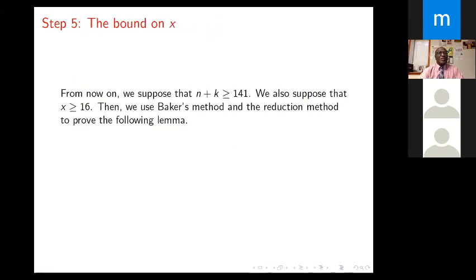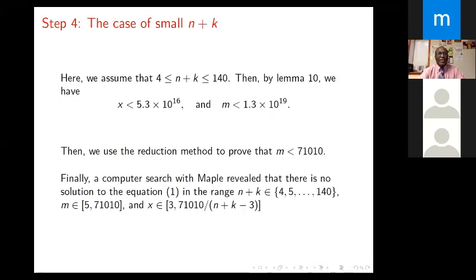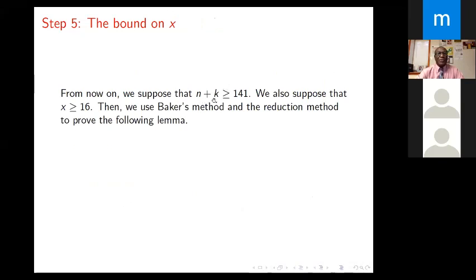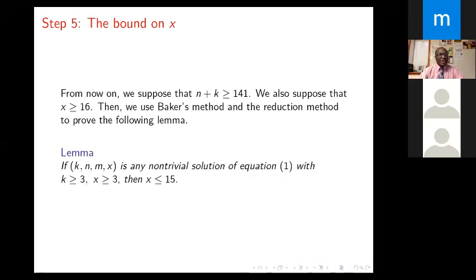The next step is to bound x. So in the previous step, we considered n plus k up to 140. Now we consider n plus k greater than 140. And we apply again Baker's method and the reduction method, and we obtain the following lemma.